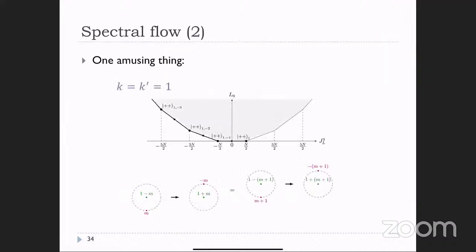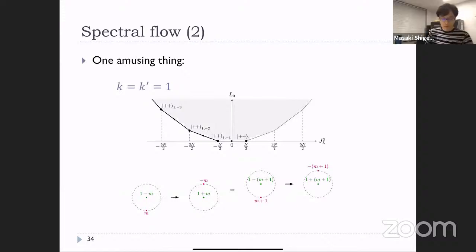And okay, one last comment. One amusing thing is that if you consider K and K' to be 1, then what you are doing is to start from here and going here and then here and here. So you can go up this polygon like this. And what you're doing is to start from some 2-center solution and moving one center around the other like this to go to this configuration here.